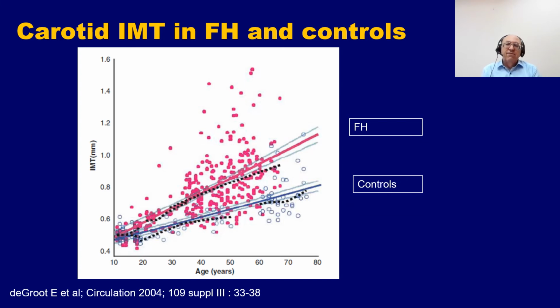The alternative way of doing this is, let's forget about the family history. Let's forget about that kind of work. This is all too subjective. Let's go and get some hard evidence. One of the ways of doing this is by imaging, and you can measure approximately the atheroma burden in large arteries, and we often use the carotids to do this.